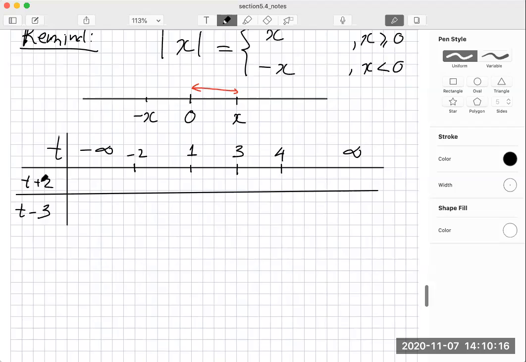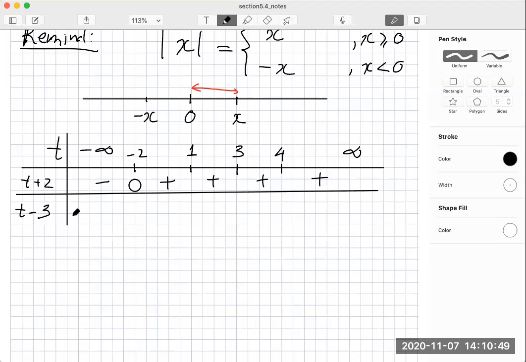At t, the function t plus 2, what do we have here? Is 0. For any t smaller than this guy, what is the sign of the function in general? Is it positive or negative? Negative. Very good. Here's positive, right?